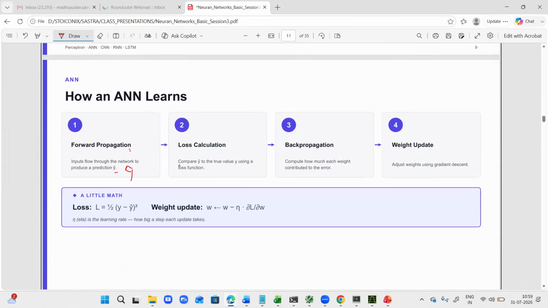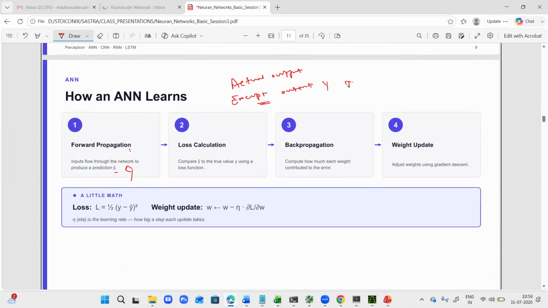This is the output produced by your model, so we will call it the actual output. Now you know the expected output. We call this the true value or the expected output, y.